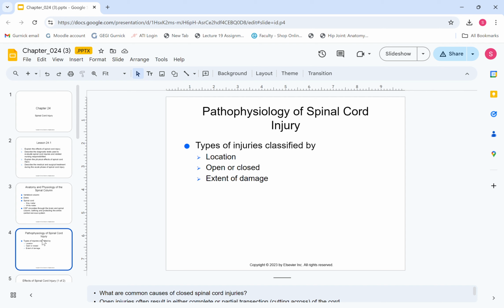So we can classify a spinal cord injury as open if the skin is broken, as closed if you just had a spinal injury and the skin stayed closed. What sort of spinal injury could you have where the skin stays closed? Well, you could have a compression fracture.